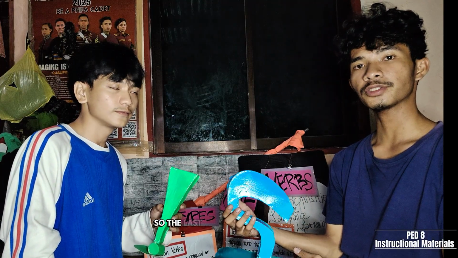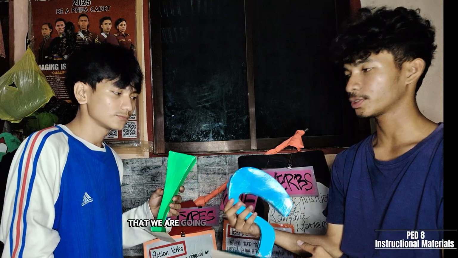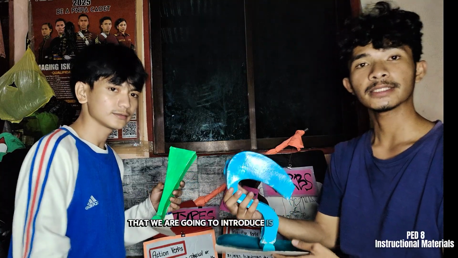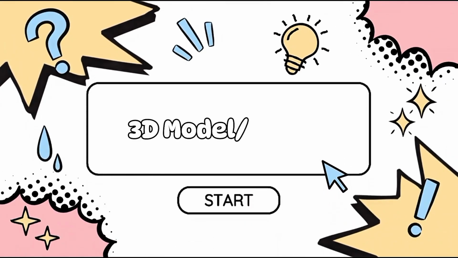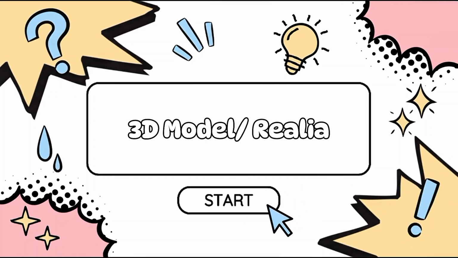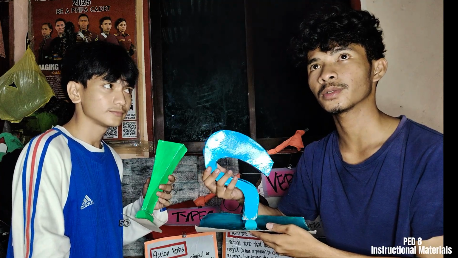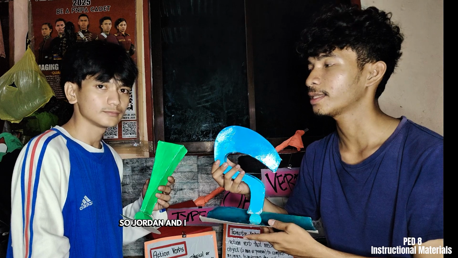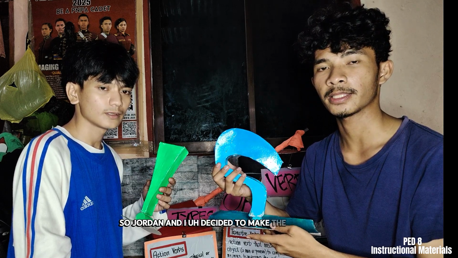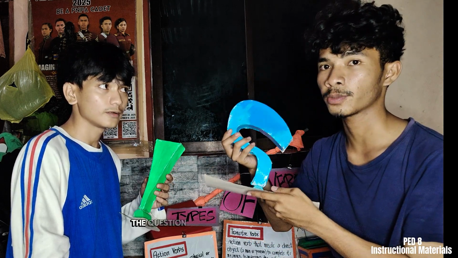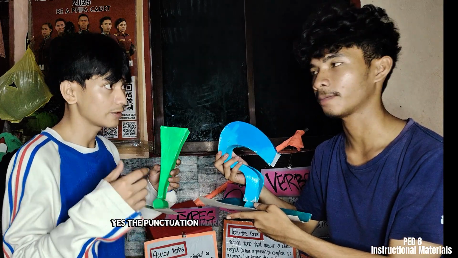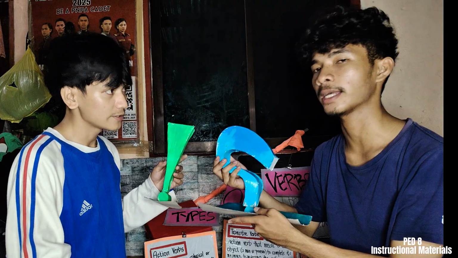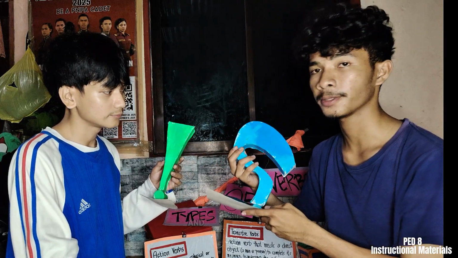The last instructional material that we are going to introduce is the 3D model. Jordan and I decided to make the 3D model of the question mark and the exclamation mark, the so-called punctuation marks.